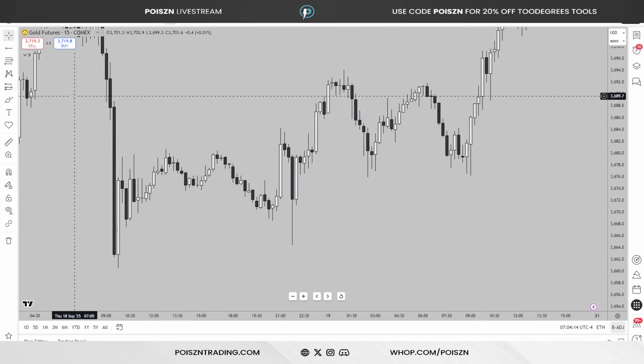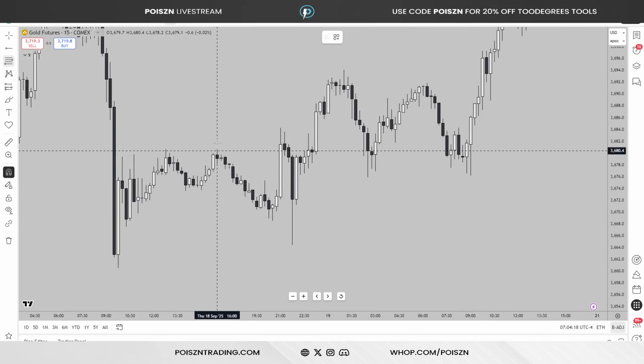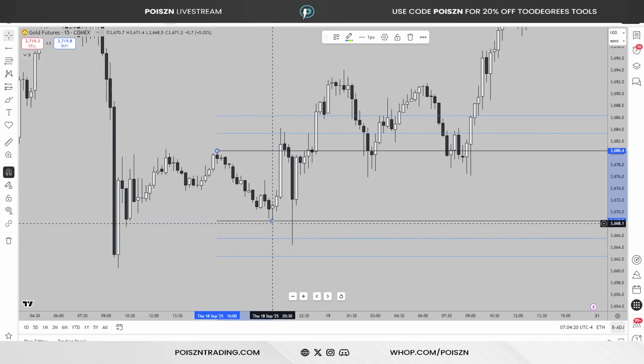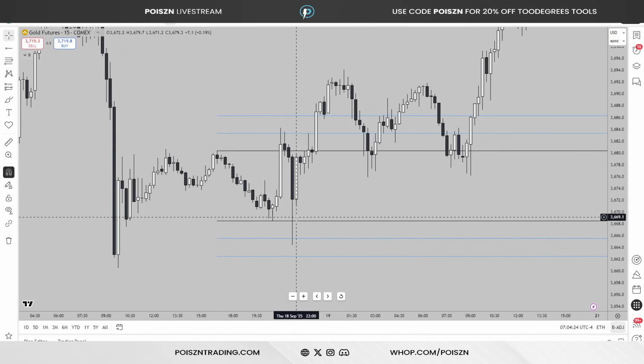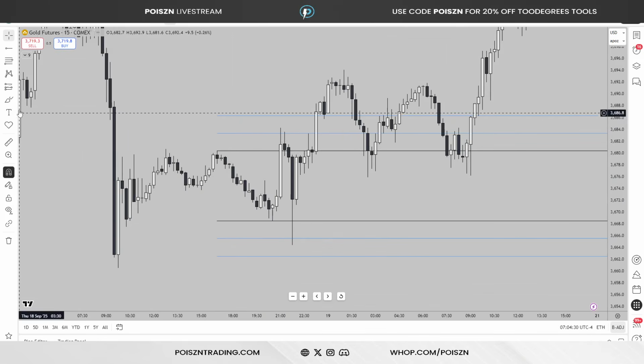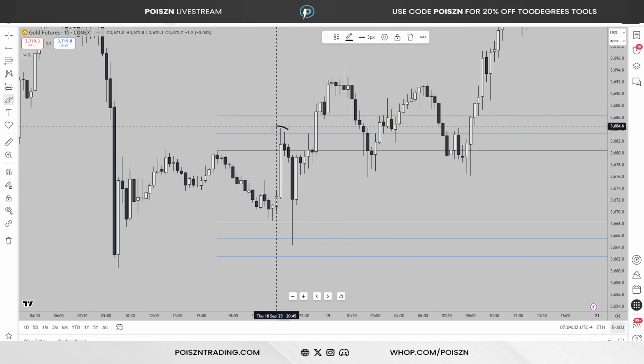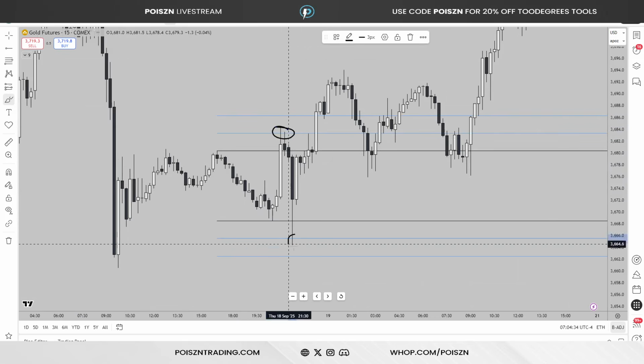What we then can do is, during the consolidation phases, we could fib the upper and lower boundaries, right, from here to here. If we expect manipulation below, or if we expect manipulation above this accumulation, the 0.25 and 0.5 are where we would expect it to happen from.